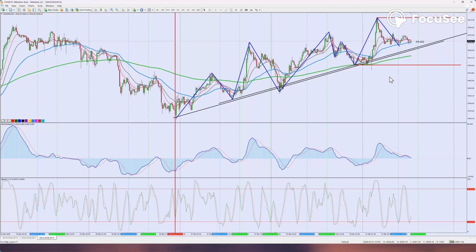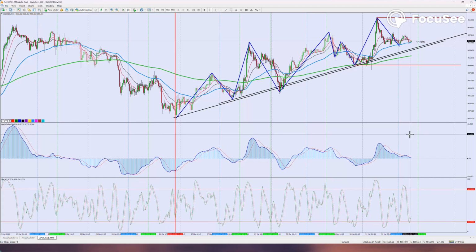Because I analyze the chart in a fractal way, and a fractal means that I take a portion of the higher time frame or higher fractal and go to the lower time frame and find the best entry point. In this higher time frame, I want my indicators to show that I can either sell the market or buy the market.